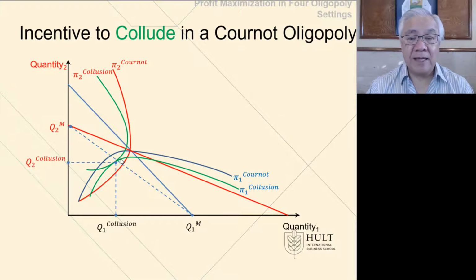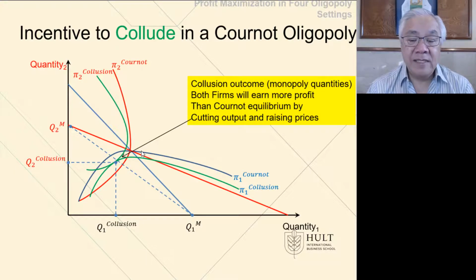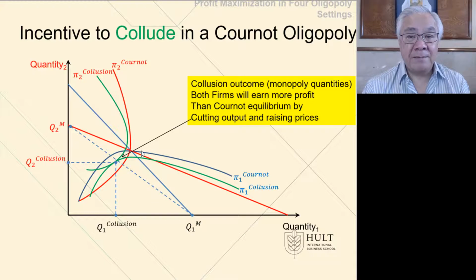That's represented by this point, which is Q1 and Q2 under conditions of collusion, and it's different than this point, which is quantity 1 and quantity 2 if they both reach the Cournot equilibrium. Both are approaching the behavior of a monopoly, but they're acting in conjunction with each other to get to this point along this dotted line, showing the monopoly positions for both individually and the trade-offs in between.